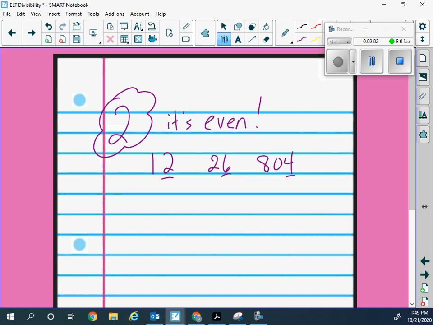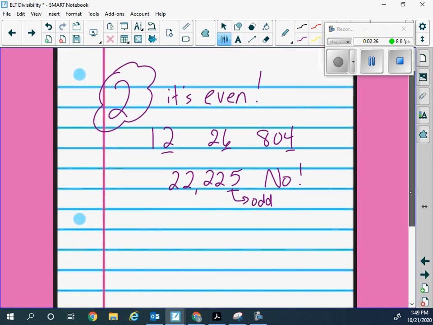But if you had a number with lots of 2s that ends in a 5, that one would not be divisible by 2, because 5 is odd. So that's a quick way to tell if it's divisible by 2. It's even.